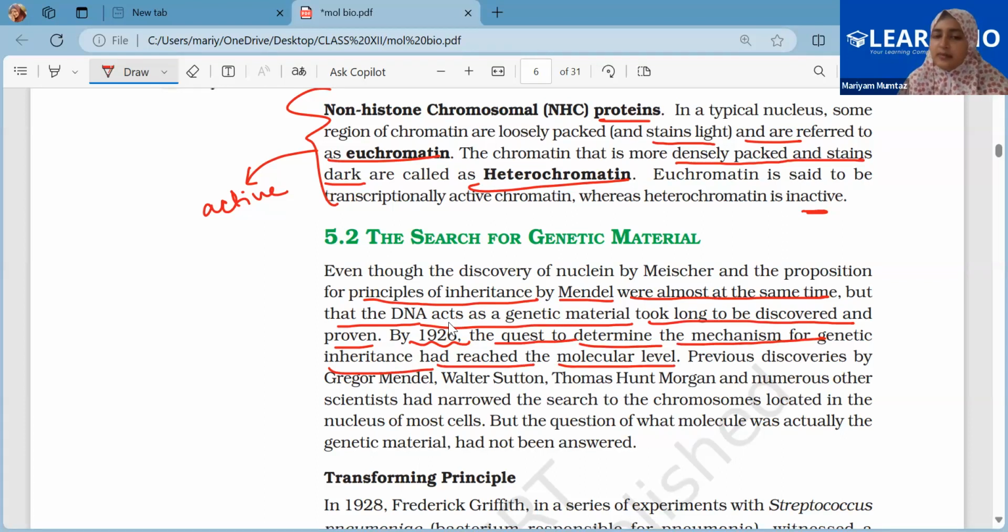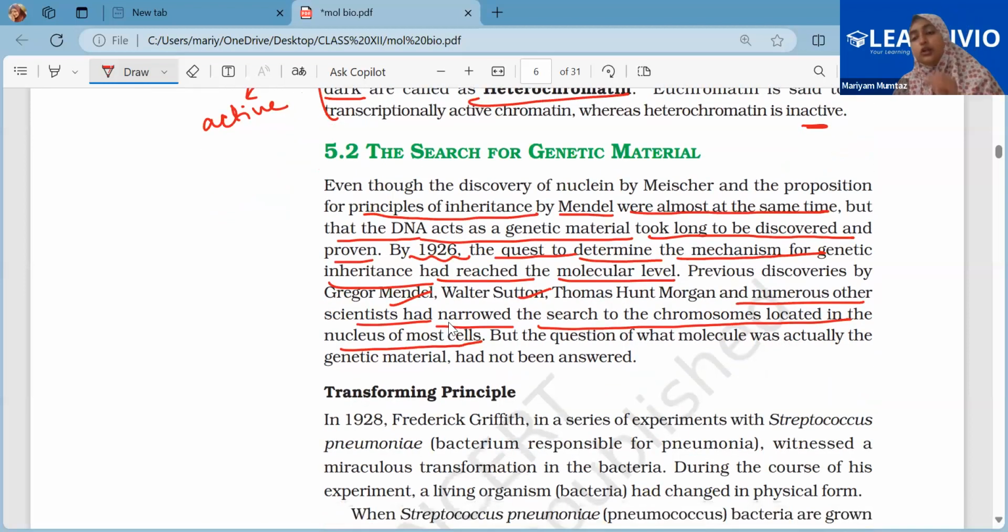Previous discoveries by Mendel, Sutton, and T.H. Morgan, and numerous other scientists had narrowed the search to the chromosomes located in the nucleus of most cells. Again, what the chromosomes carry was unknown.